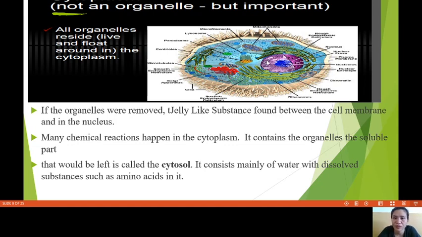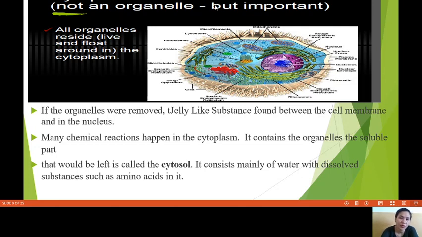So this is your cell. This is your membrane. These are your organelles. But if you remove these organelles, except the nucleus of course, what you have is the bluish liquid here. That is your cytoplasm, where all the organelles reside or are embedded.